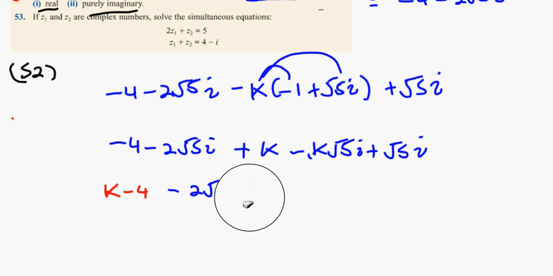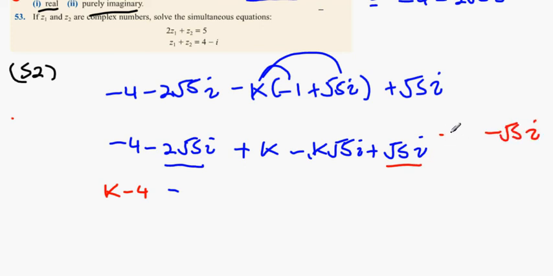So we're going to get k minus 4, and then in the imaginary part we're going to have minus 2 root 5i plus root 5i gives us minus root 5i. And then we also have minus k root 5i. So we have the real part, which is k minus 4, and then we have the imaginary part, which is minus k root 5i, and then minus root 5i.